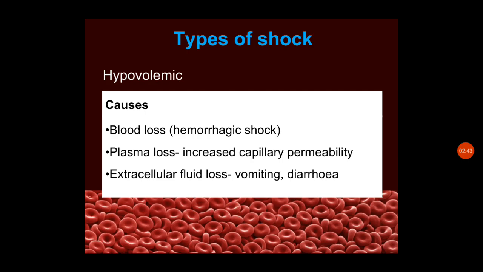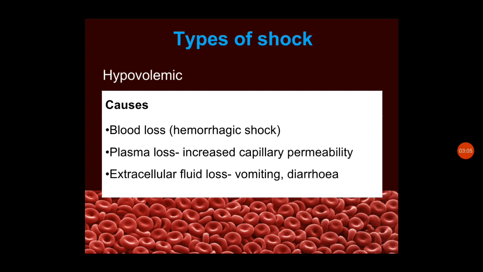Again, in plasma loss, like fluid shift in burns and other situations, we have discussed that increased capillary permeability leads to plasma loss, which leads to hypovolemia. In that situation also we can see hypovolemic shock.